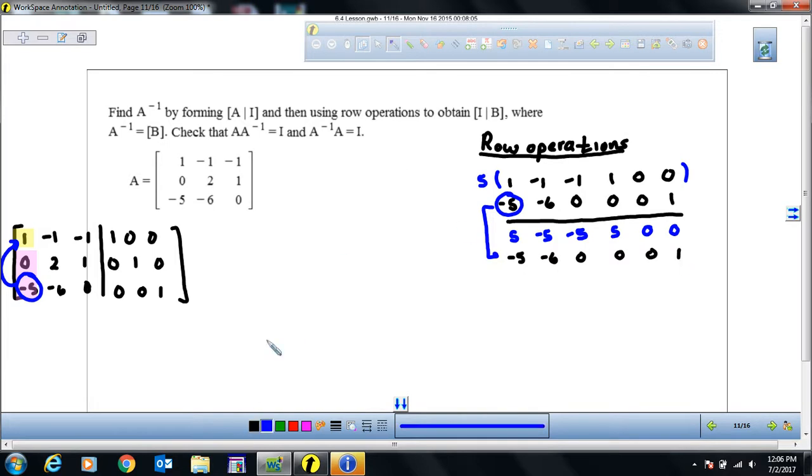So I'm going to write the operation that we used. We multiply +5 times the first row, and then we're adding it to the third row. So -5 plus -5 is 0, -5 plus -6 is -11, -5 plus 0 is -5, 5 plus 0 is 5, 0 plus 0 is 0, and 0 plus 1 is 1.